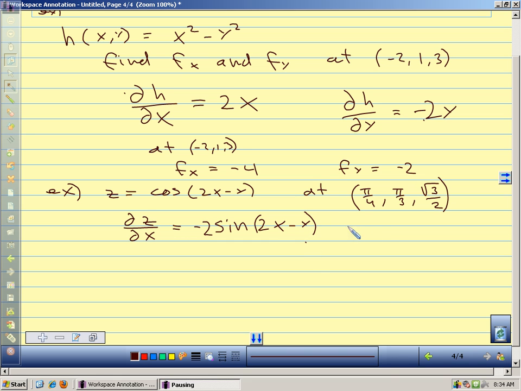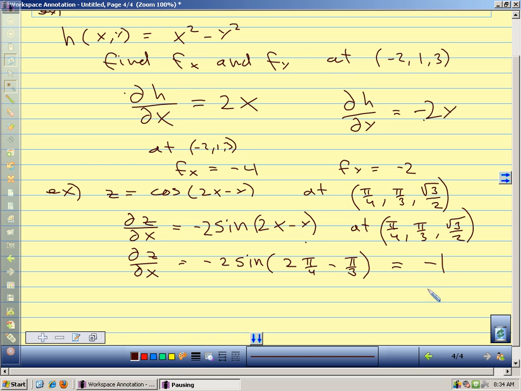We calculate this at our point, we get minus 2 sine of 2 times pi over 4 minus pi over 3. And if we simplify that, we get minus 1.